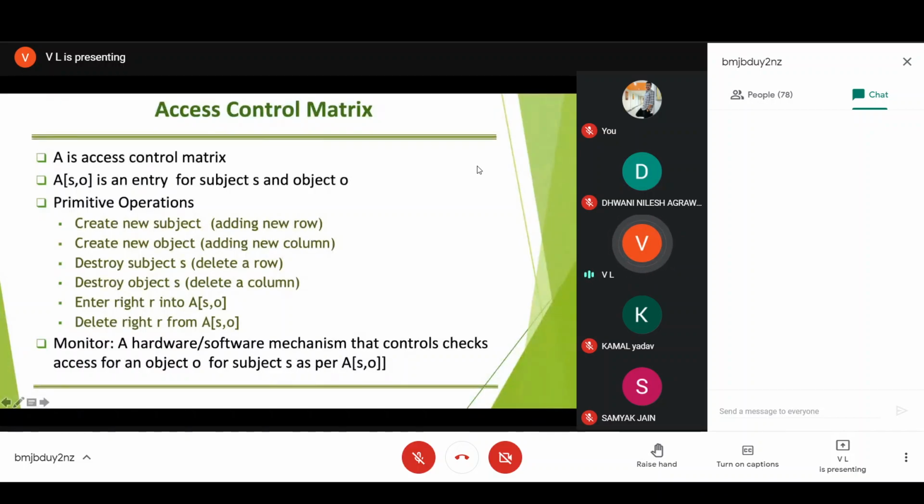Again, deleting the right will also make a modification to this cell. And then the operating system has to have some kind of software mechanism that will check. So whenever a subject S tries to access object O, it will check that this access is as per the entry in this cell.